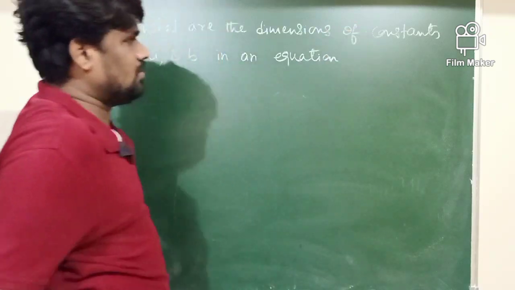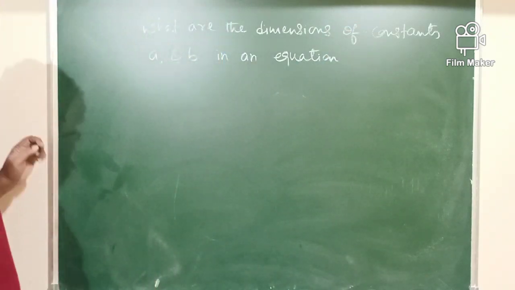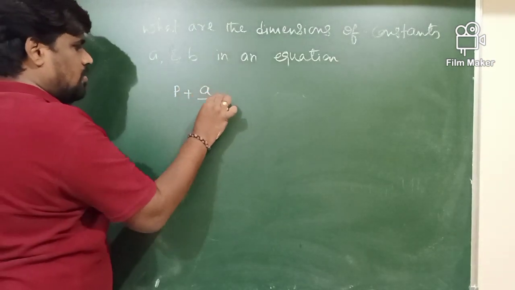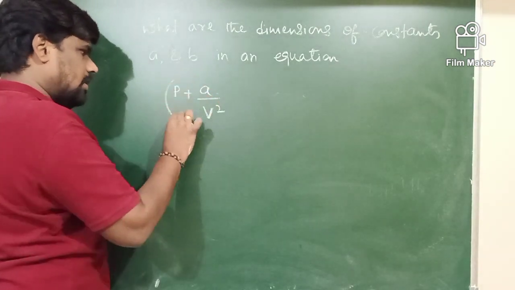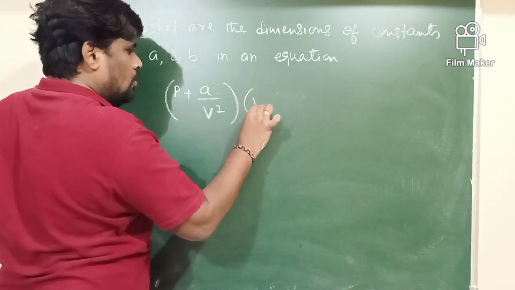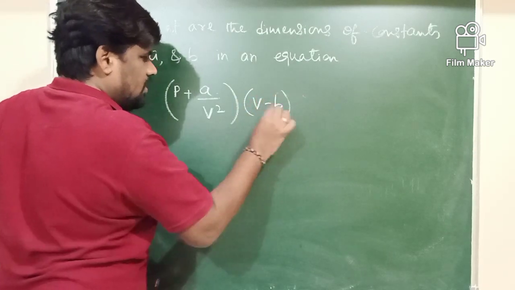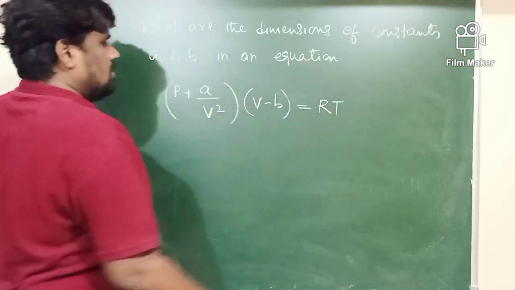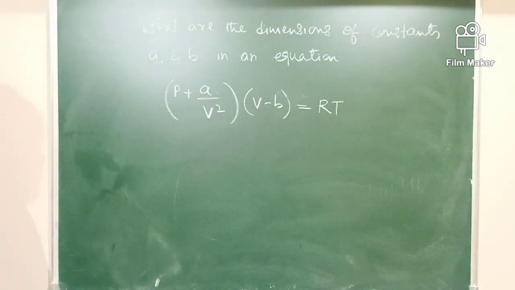I have one equation. The equation is given: P plus A by V square, into V minus B, equals R. This is the given equation.